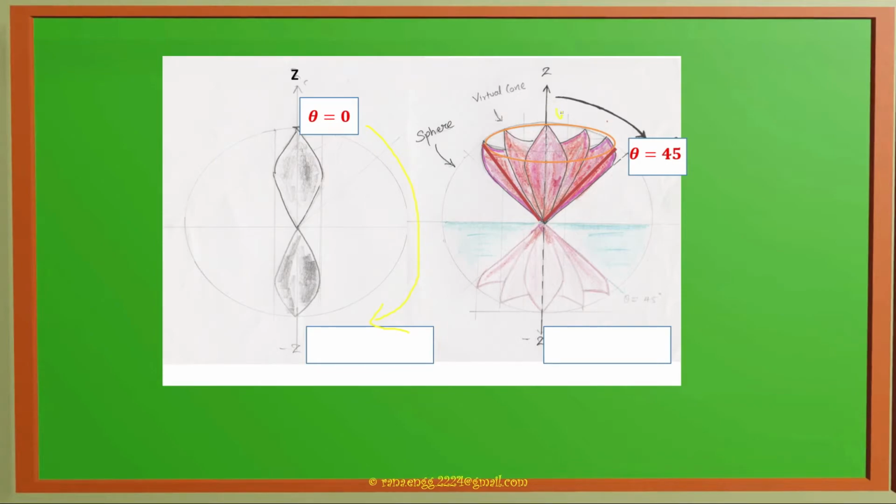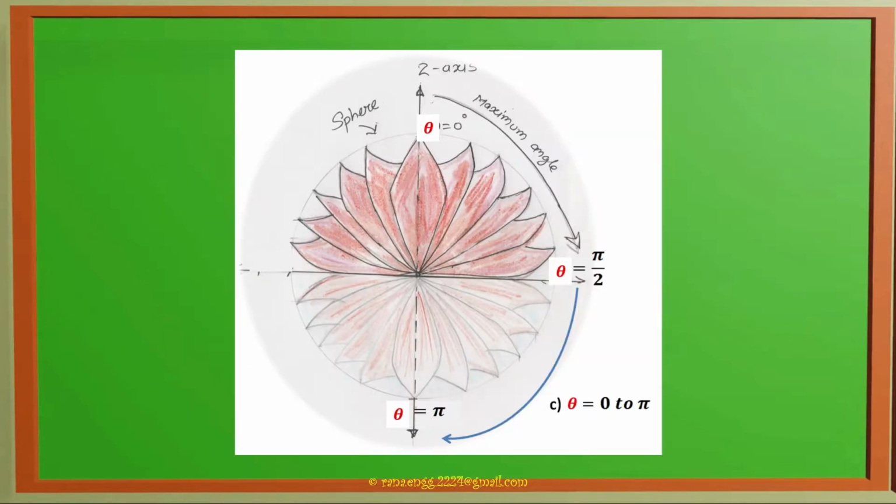Say from 0 degrees it may go to 45 degrees, then it may have a total circulation. It may go into the positive side as well as the negative side, with a total 0 to pi rotation.